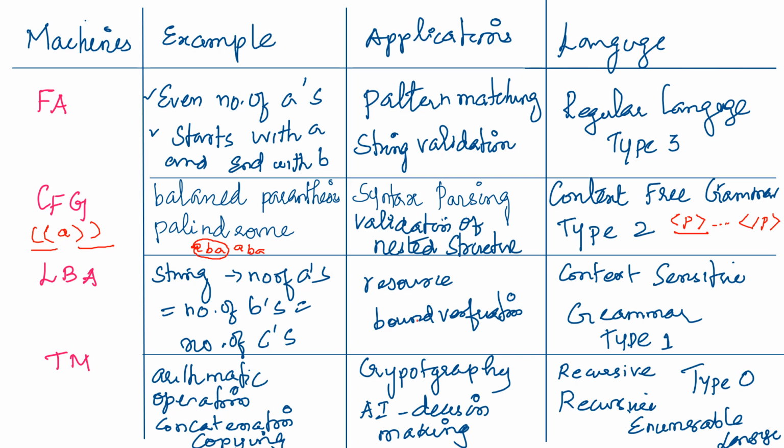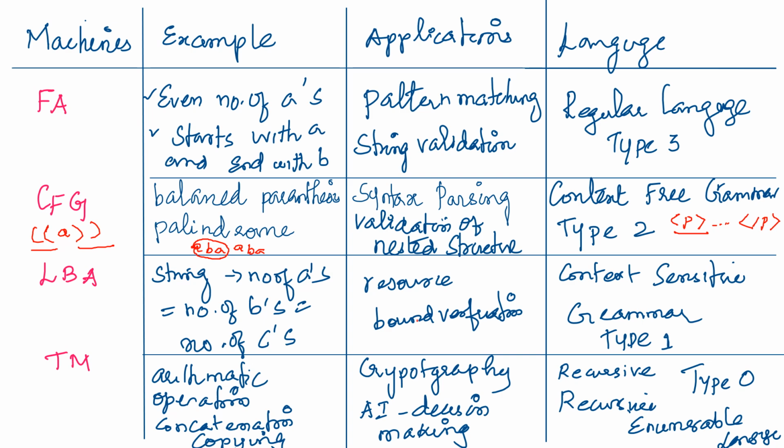So some limited constraints we have to apply here. In these situations we go for linear bounded automata, and we can say resource bound verifications. The corresponding grammar and language, context sensitive language and grammar, we call type 1.